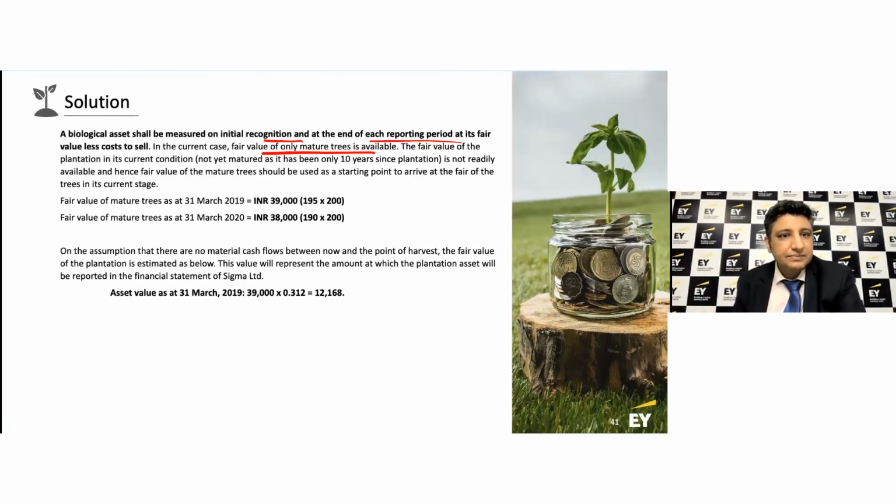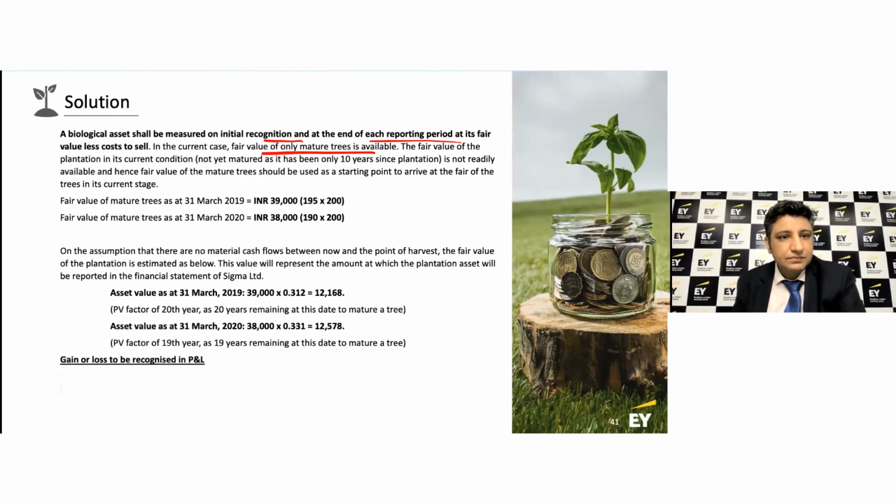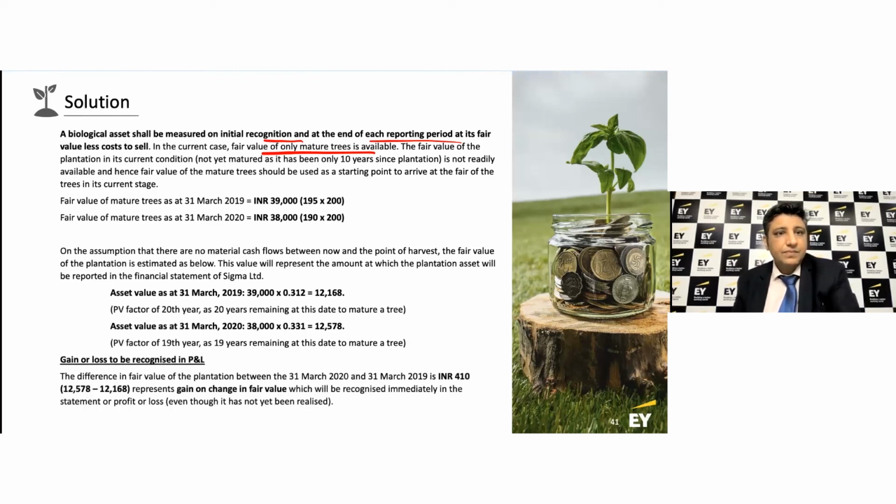It says that a biological asset shall be measured on initial recognition and at the end of the reporting period at its fair value less cost to sell, what we talked about. In the given scenario, the fair value of only the mature trees is available. So we picked those values because we are still not talking about a mature tree at this point in time.